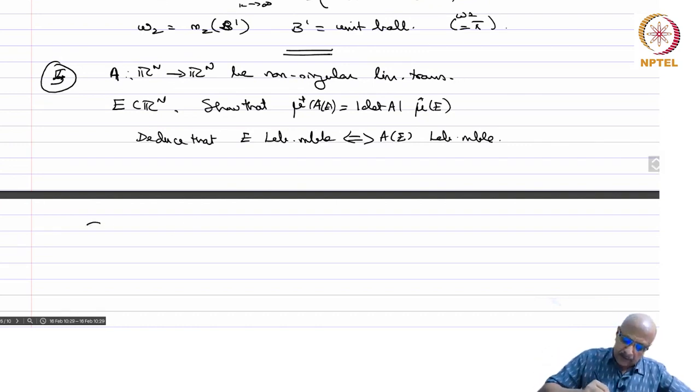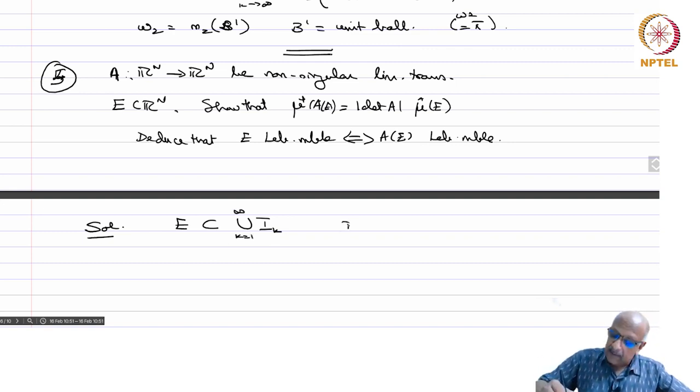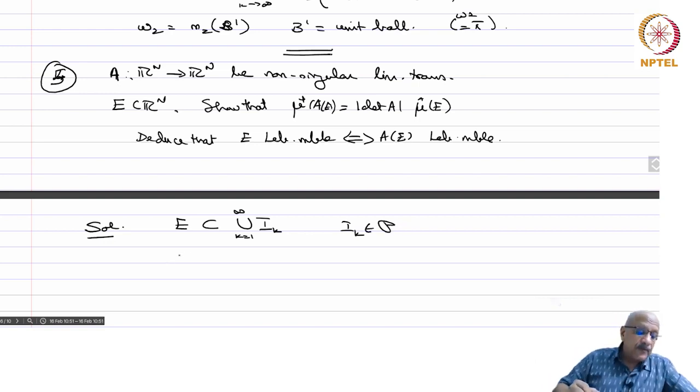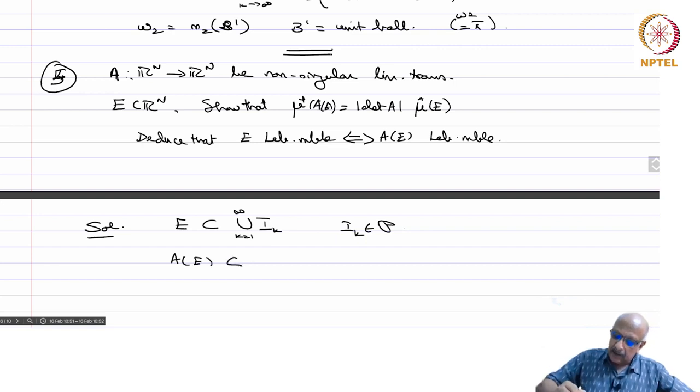So let E be contained in the union of Ik, k equals 1 to infinity, with Ik belonging to P. So AE is contained in the union of A of Ik.